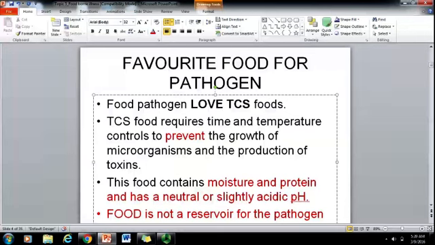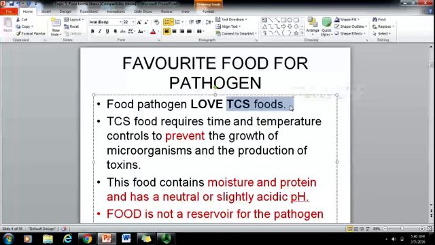So we must know what kind of food these bacteria or these viruses love to inhabit. Okay, we call this food TCS food.